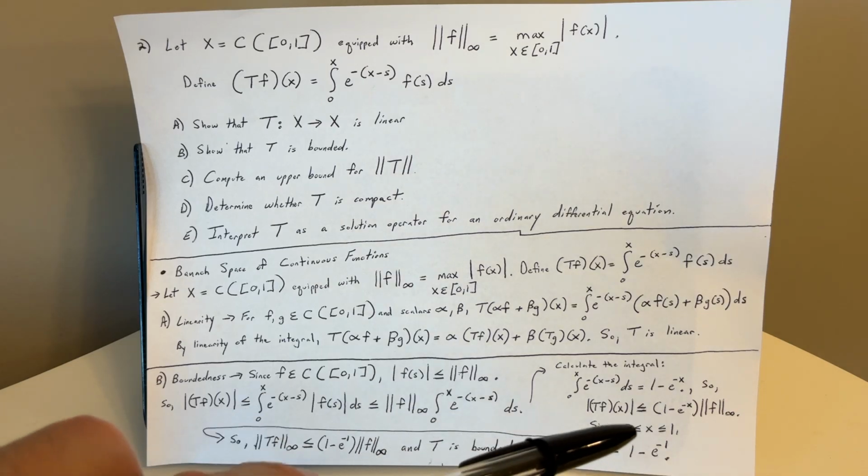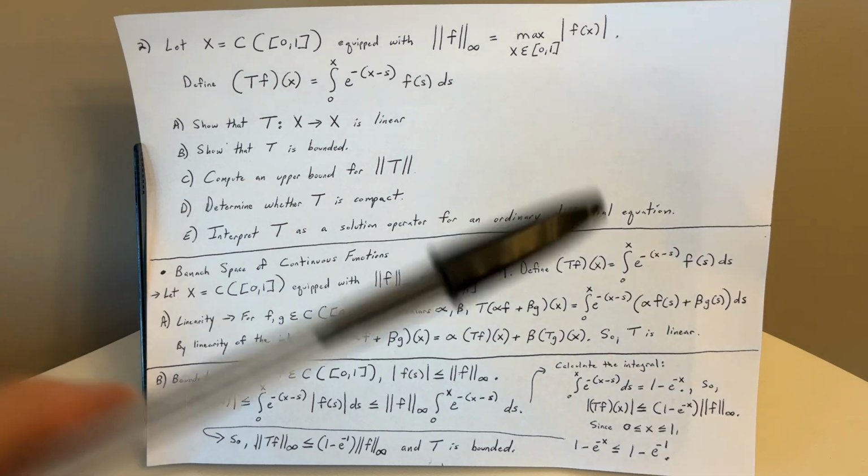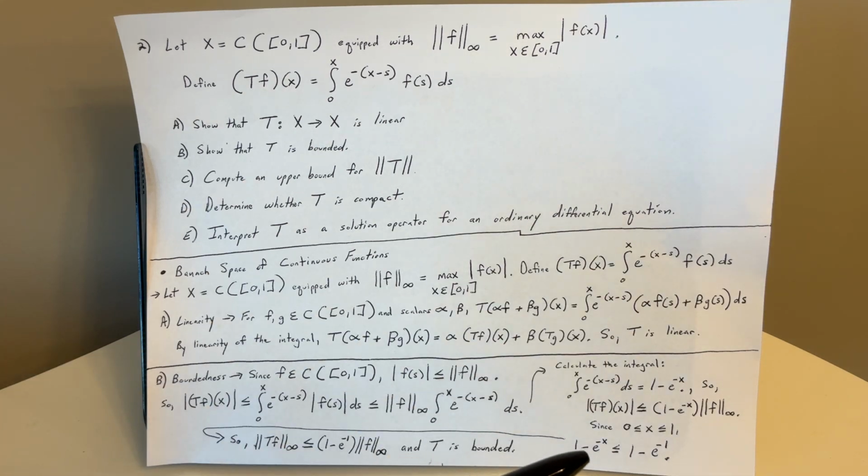Since 0 is less than or equal to x is less than or equal to 1, 1 minus e to the negative x is less than or equal to 1 minus e to the negative 1, or 1 minus 1 over e. So the norm of Tf, infinity, is less than or equal to 1 minus e to the negative 1, times the norm of f, infinity, and T is bounded. That's for letter B.